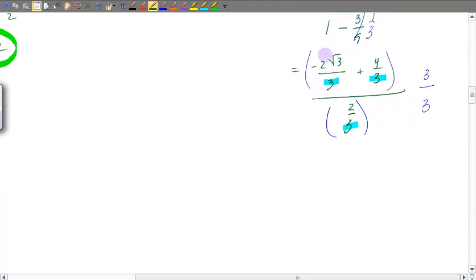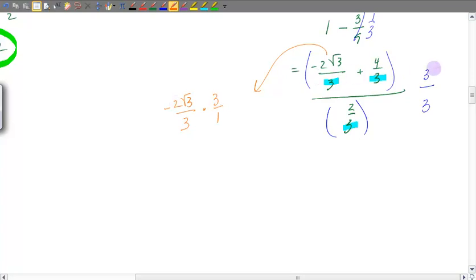So if I multiply the first term times 3, let me just do that over to the side so you can see what's happening. This is really like saying negative 2 square roots of 3 over 3, and I want to multiply that by 3, which I have to rewrite as 3 over 1 because it has to be a fraction.